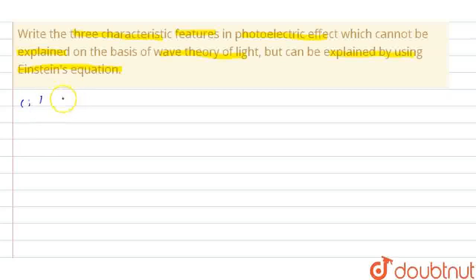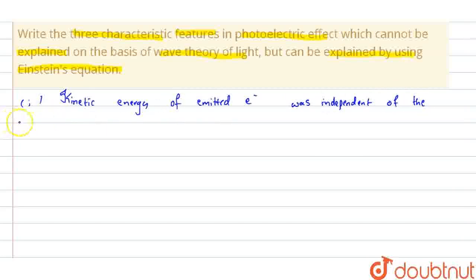So the first point will be: kinetic energy of emitted electrons was independent of the intensity of incident light.